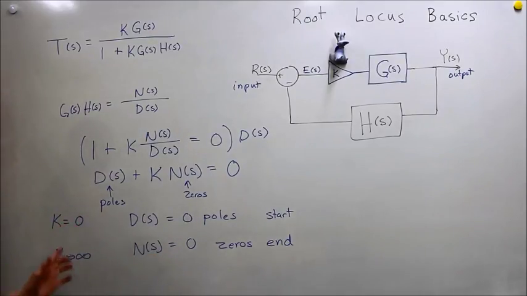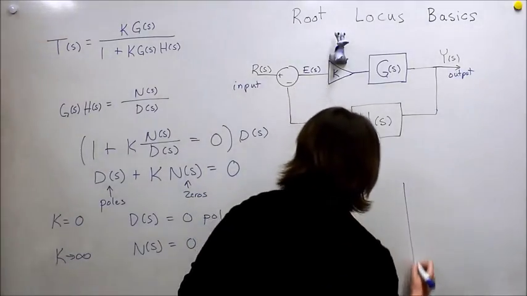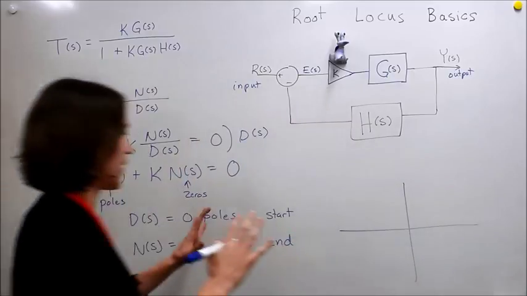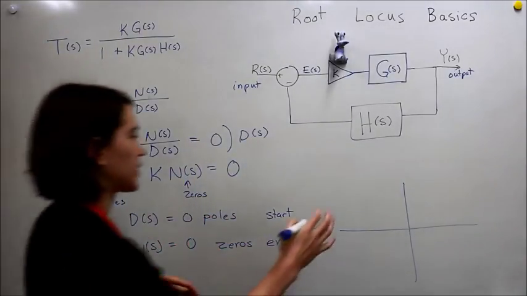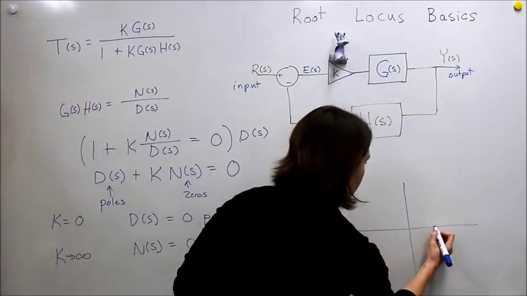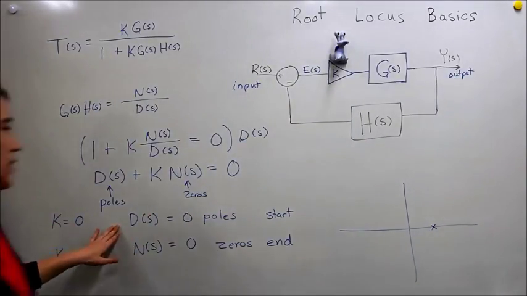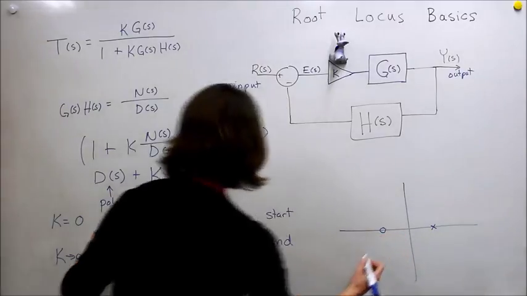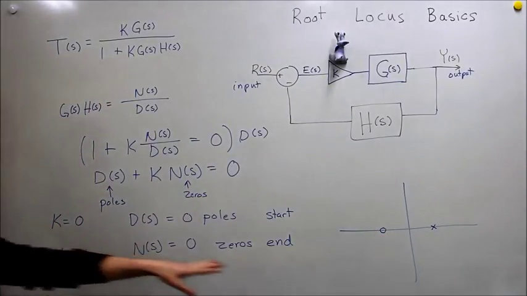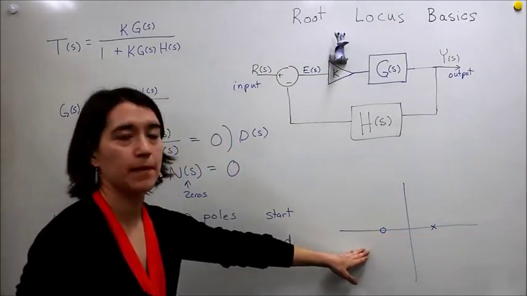We're going to draw that on our S map. I'm just going to make an arbitrary example here. If we had an x, a pole from our original system, and a 0 here, this would be our starting point and our end point.